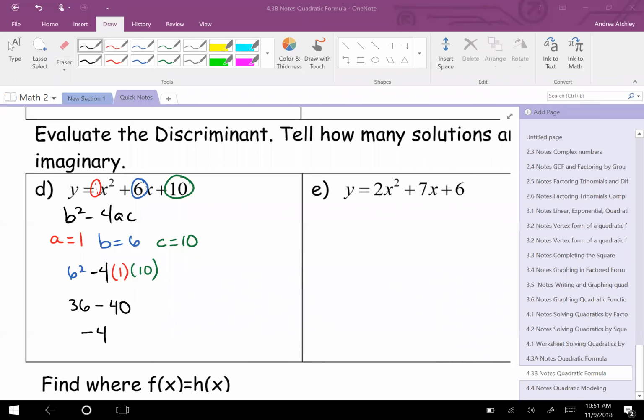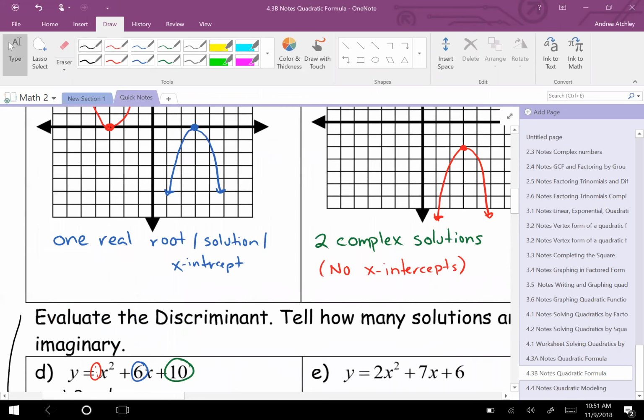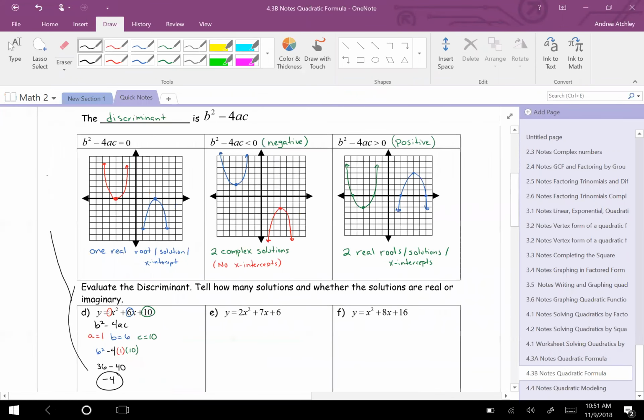So we look at negative 4. We take negative 4, we look up here. Which one does it fit into? Is it 0? Is it less than 0, a negative number? Or is it a positive number? Okay, it's negative. So it's asking us how many solutions, and are they real or complex?